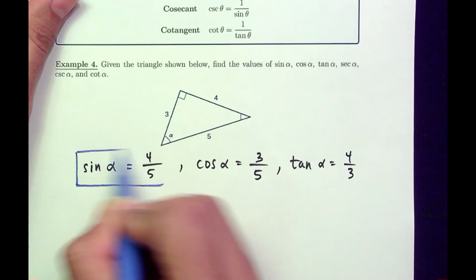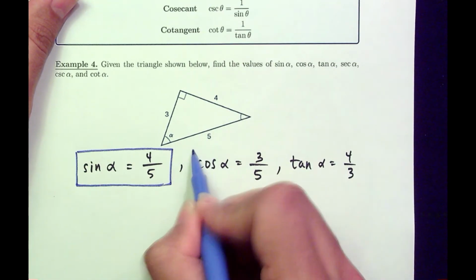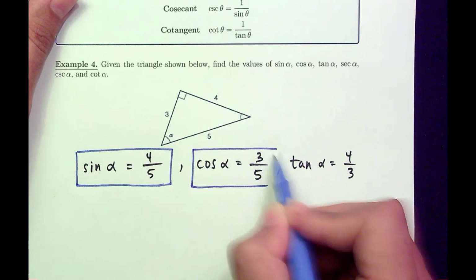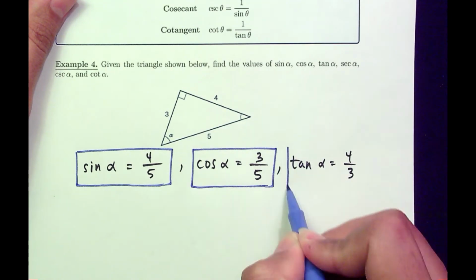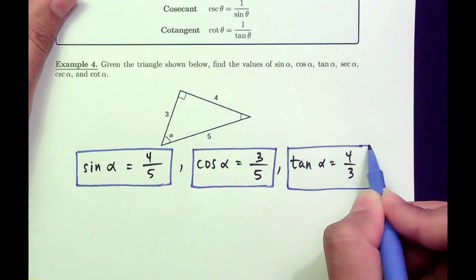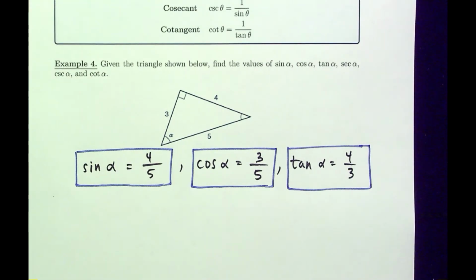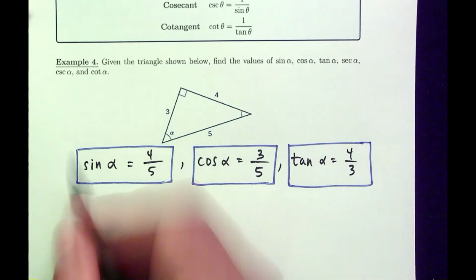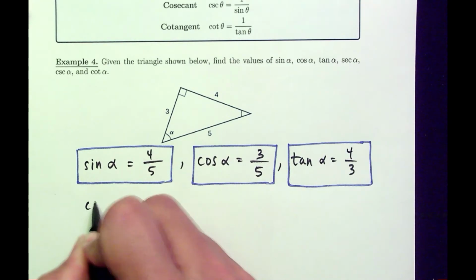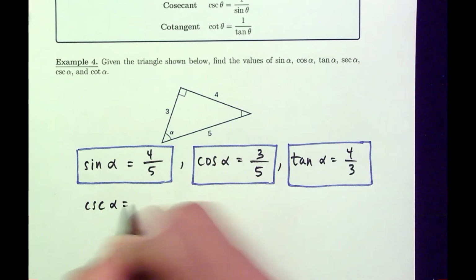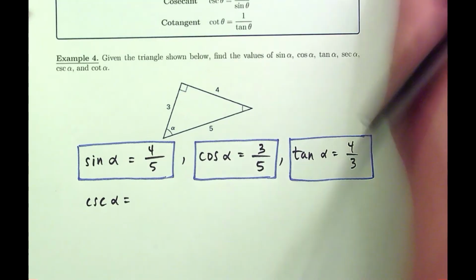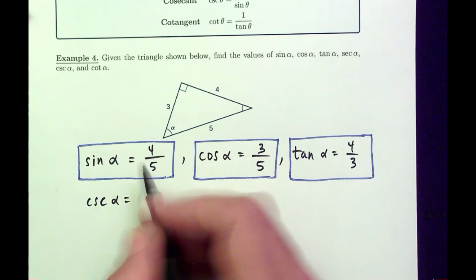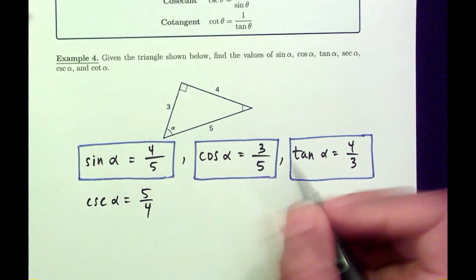Now, from these 3, we're going to find the next 3. But that's the easiest part because those are just the reciprocals. So the reciprocal of sine, remember the sine goes with a cosecant. So cosecant would be the reciprocal of sine, so all you have to do is flip it, that would be 5 over 4.